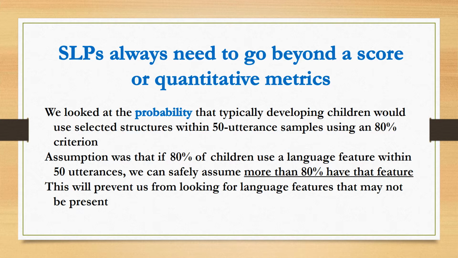This was our attempt to prevent you from wasting time looking for structures that may not appear or be very infrequent. Remember that SLPs told us their primary reason for not sampling was that it takes too long. It's too time-consuming.